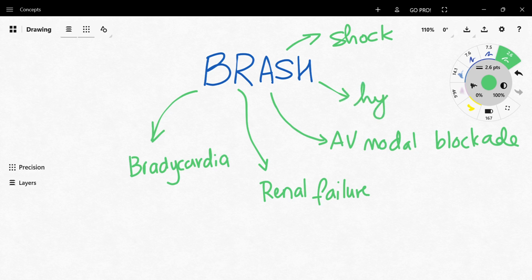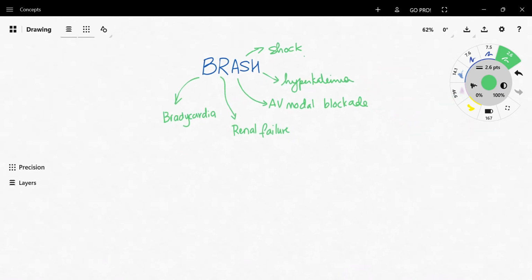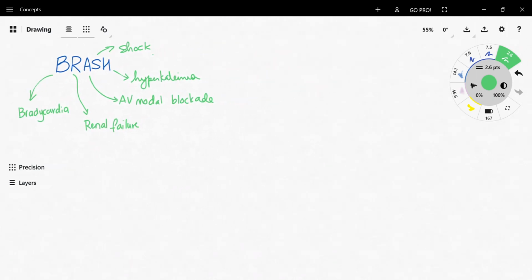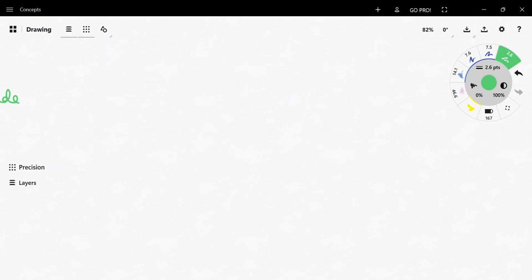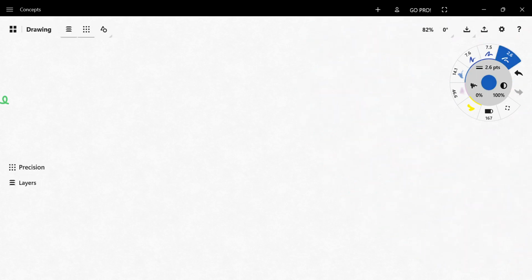Okay. So a little bit of background before we jump into BRASH itself. You must already know that beta blockers, right? They cause hyperkalemia.